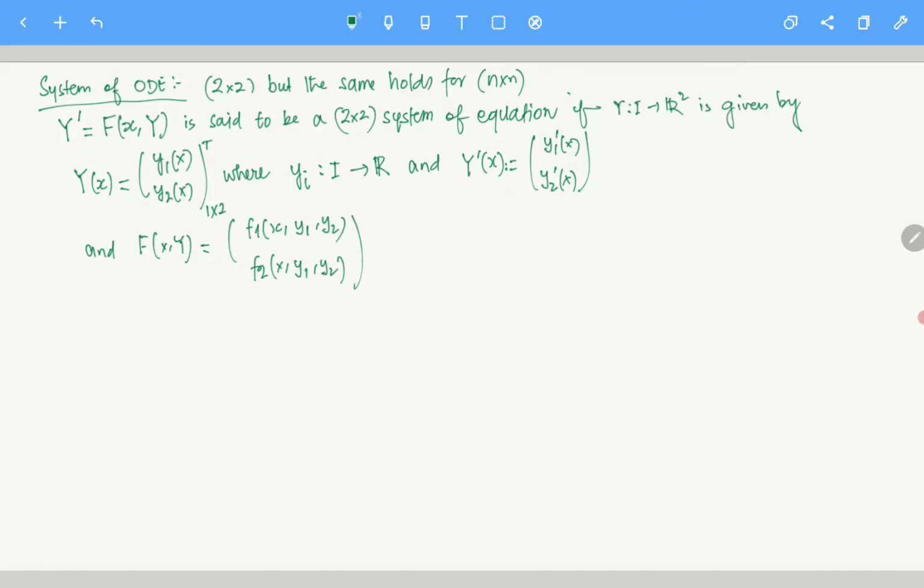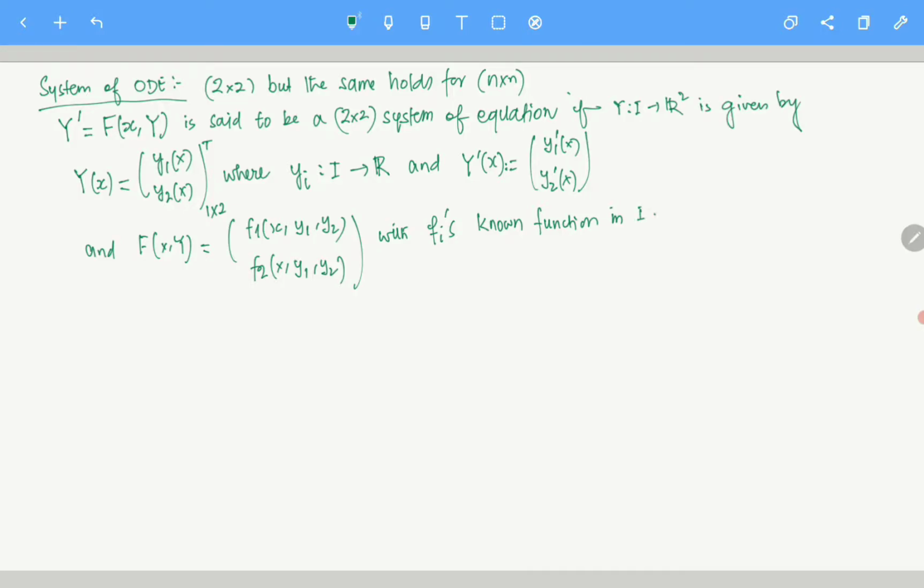Okay, so F is given by this with fi's known functions.